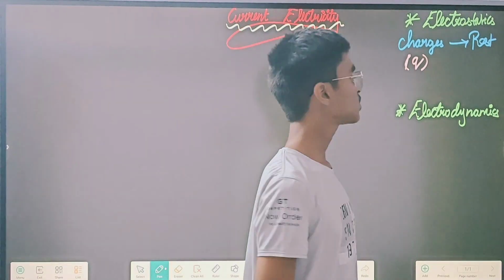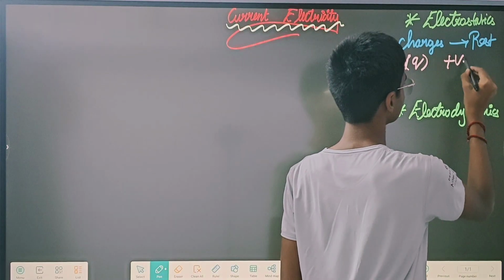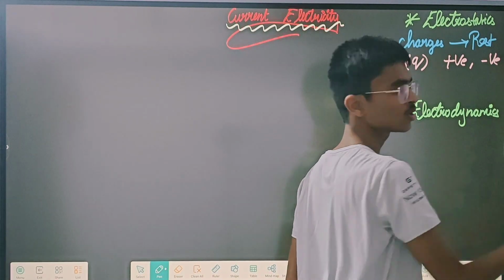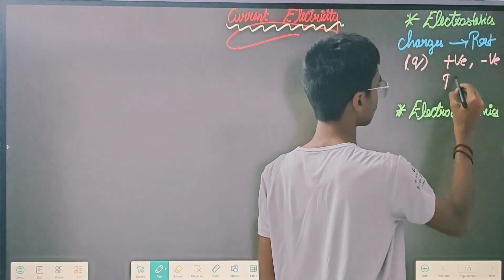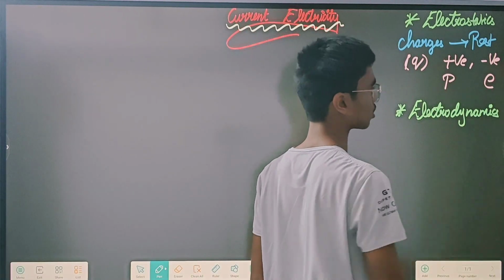Charges are of two different types, positive and negative. Positive charge is because of protons and negative charge is because of electrons.